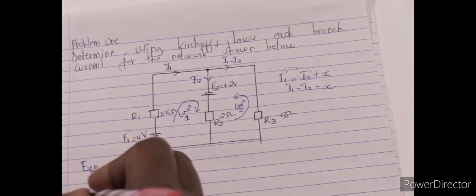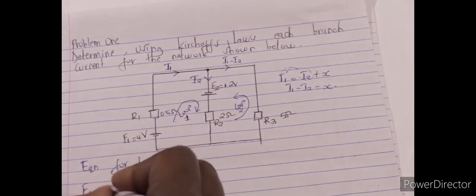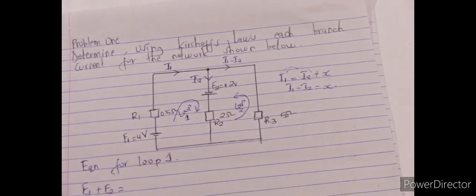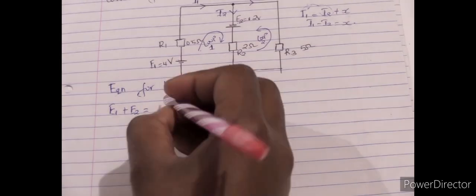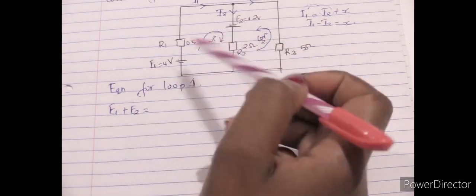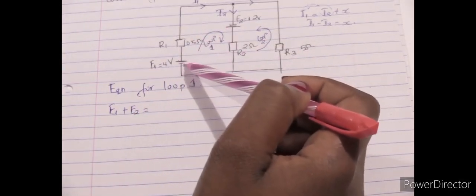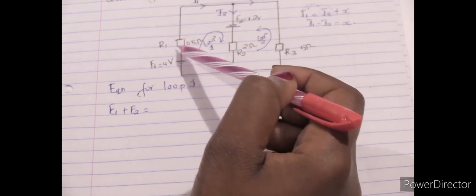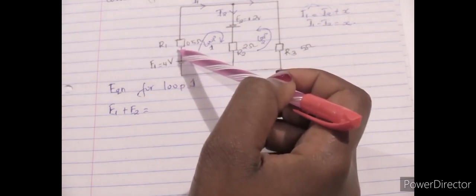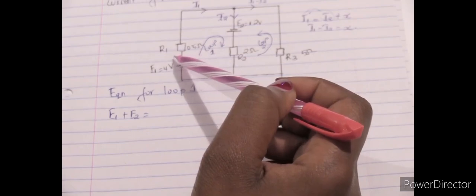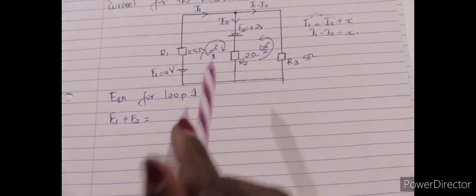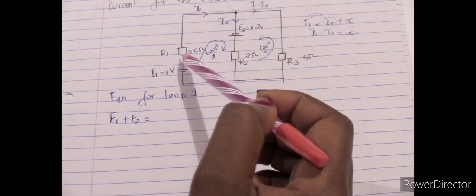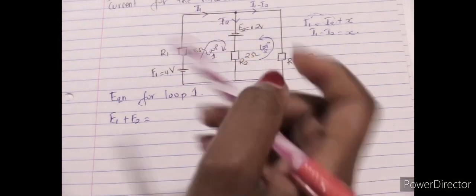So you have E1 plus E2 is equal to, the first resistor we meet immediately after this source is R1, and the current that passed through this is I1.